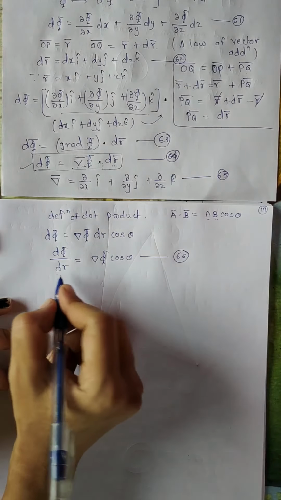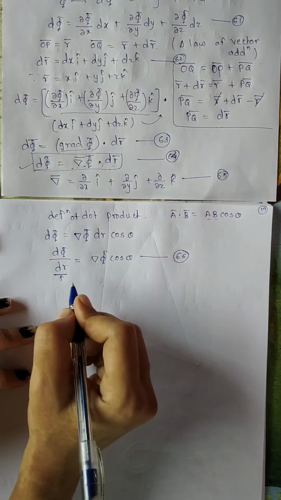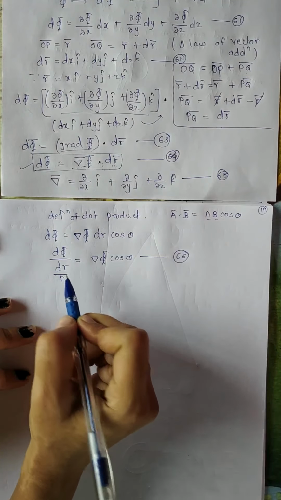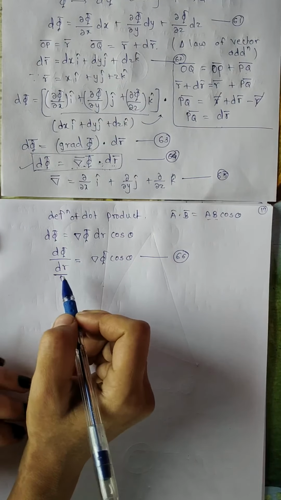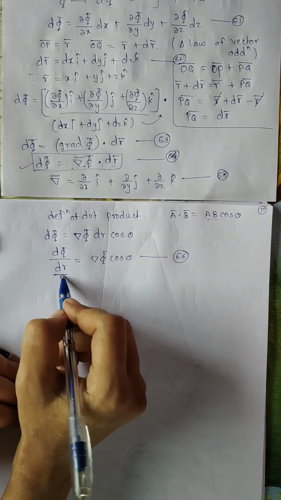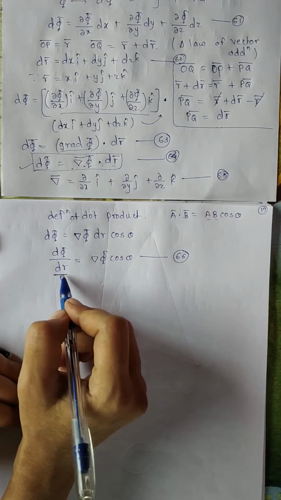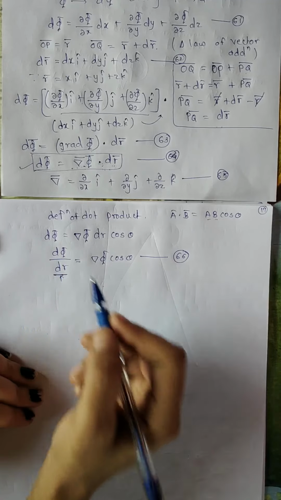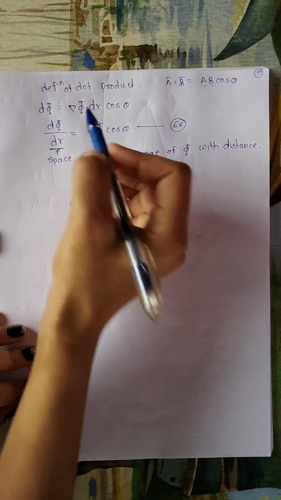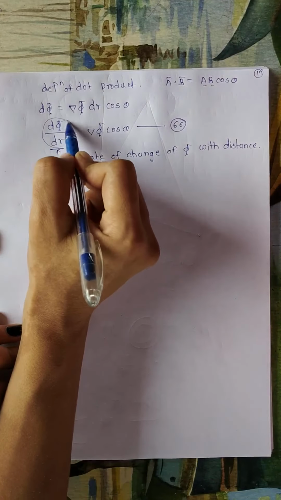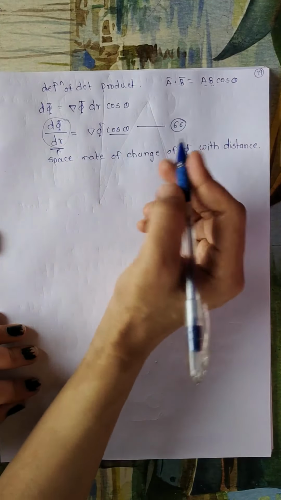So here this term represents the space rate of change of phi with distance. So d phi upon dr is nothing but the space rate of change of phi with distance. And this value will be maximum when cos theta is maximum.